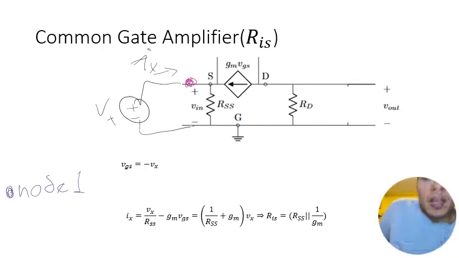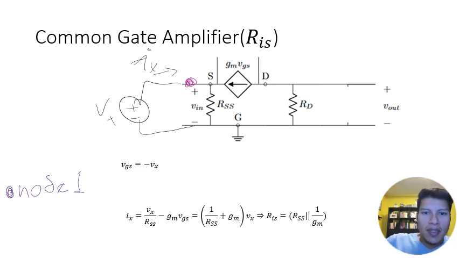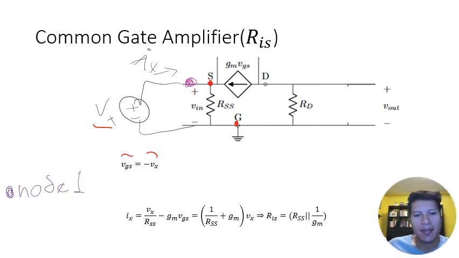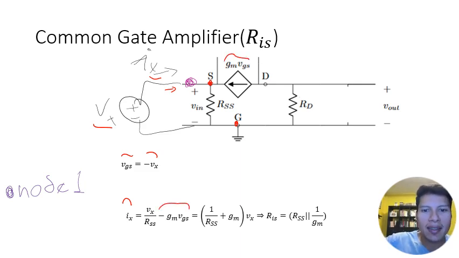Okay, so now we're going to do another IX VX test. So in this particular case, we still have that VSG equals Vn, which in this particular case we set as Vx, which means that VGS is actually equal to negative Vx. So we need to figure out what Ix is. If Ix is coming into here, we have this current in the opposite direction, so negative Gm VGS, and then we're going to have another current, which is just Vx over RSS, or Vn over RSS, which is here.